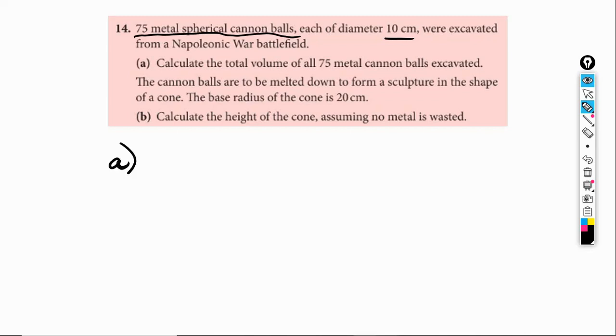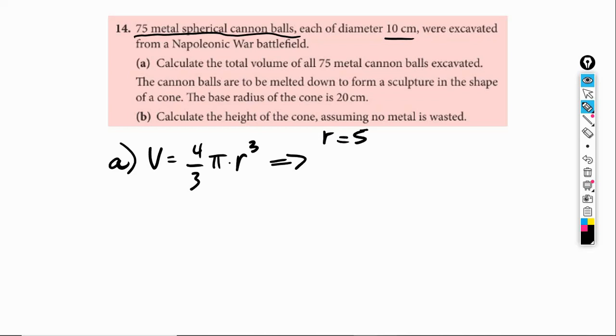The first thing we need to remember is the formula for the volume of a sphere, and that is equal to 4/3 times pi times r cubed. So in this case, since the diameter is 10, that means that the radius is 5.